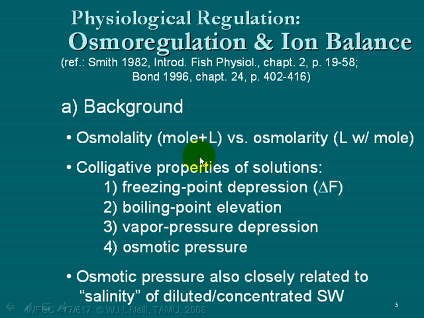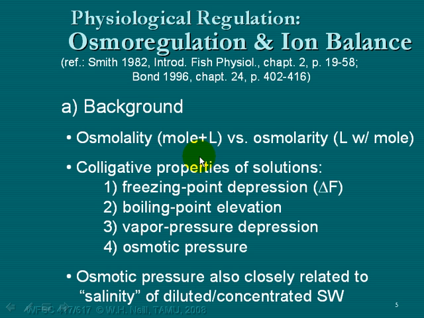And the way I make the distinction is that we have a 1 osmolal solution if we have 1 mole of perfectly dissociated substance to which is added a liter of pure water, or 1 mole of substance in 1 liter of water. Get the liter first and then put the substance in, mix it up. And that's a 1 osmolal solution.